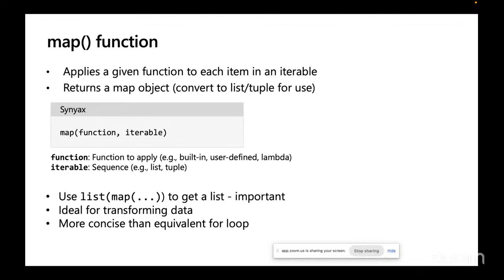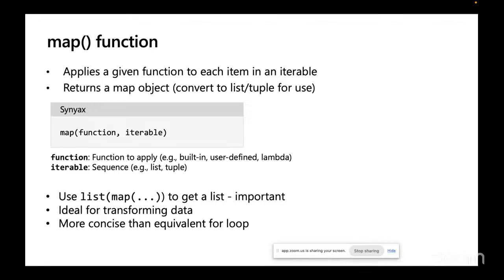In that, let's start with the map function. What the map function does is, you give it a function which will apply to each item in an iterable, meaning it can be a list, a dict, a set, anything. It will return a map object, which you need to convert to a list or tuple.